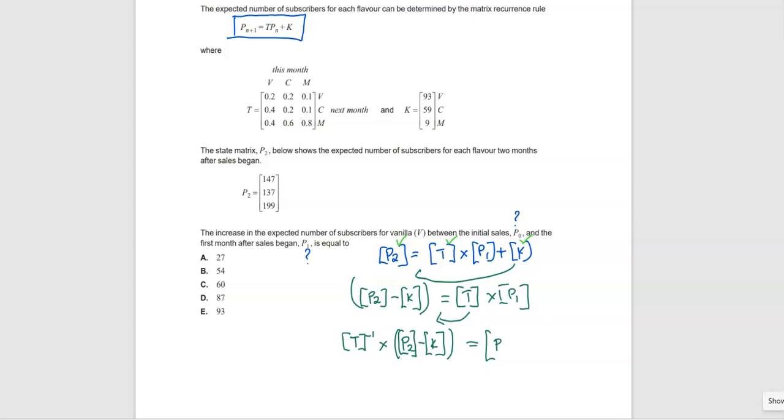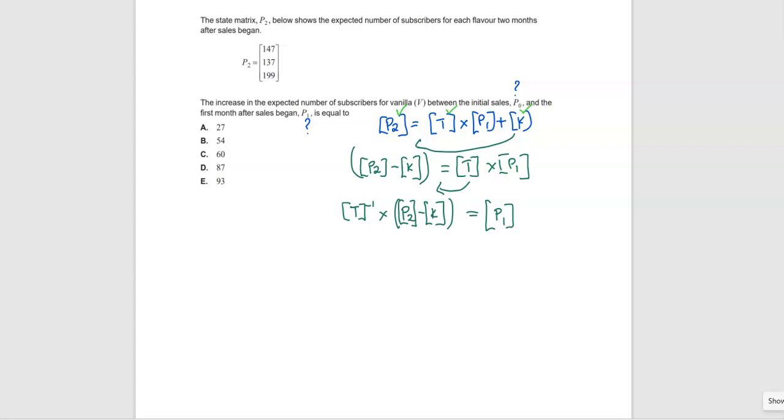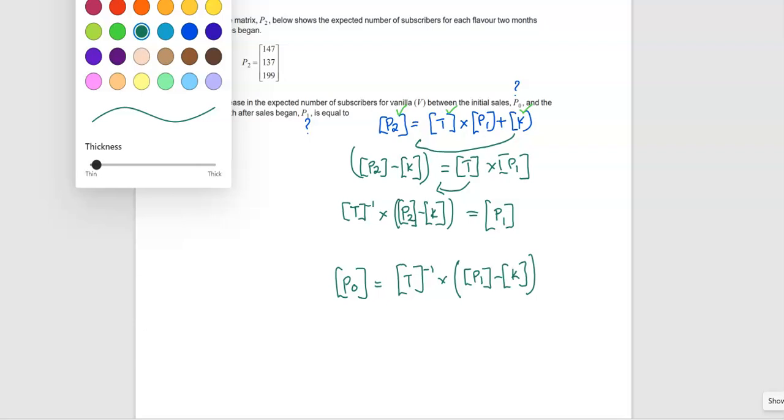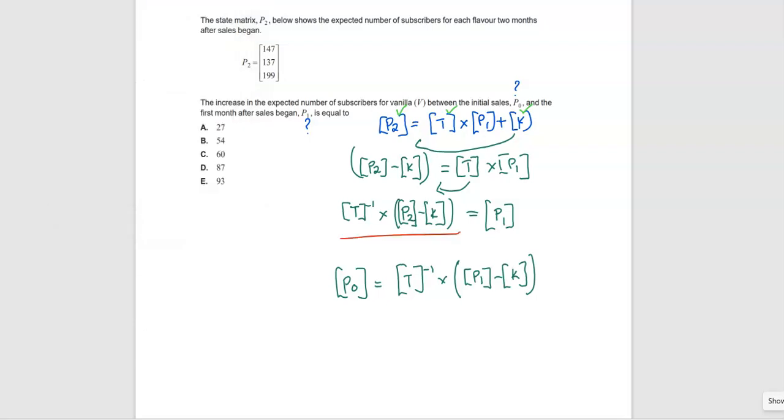And then once you've got P1, you do the same thing to find P0, because P0 would be the same formula there. You'd have the transition to the -1 times P1 minus the K. So we need to first do this one, get the answer and pop it in, and then do that one.